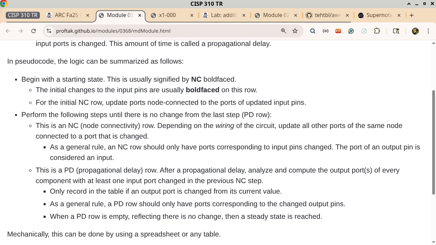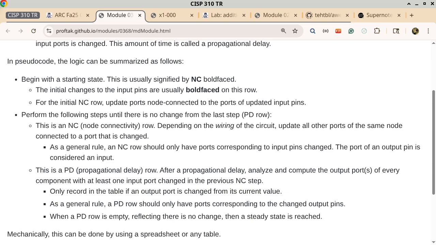Then all the other input ports that are connected to this same node also have to update because guess what? There's a copper wire or bunch of copper wires connecting the output port that was just changed to all of these other input ports. So the update of the input ports because of the change of the output port, and also because of the node connectivity, will be updated in this particular step.